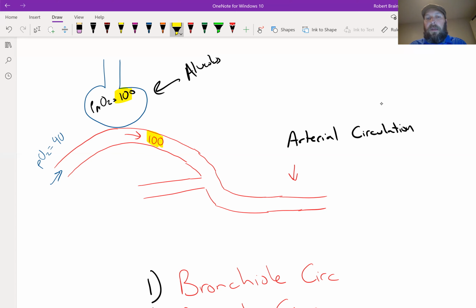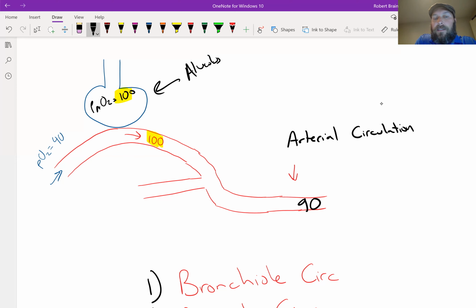You need a circulation bed for it to have any significant effect for oxygen to drop that much. But in the arterial circulation, and this is the number I gave you in the notes, the PO2 is about 90 millimeters of mercury. So there's a 10 millimeter of mercury difference there. And one of the reasons we see that drop from 100 at the end of the pulmonary capillary to 90 in the arterial circulation is due to right to left shunts.